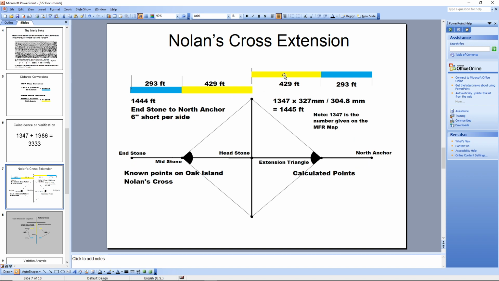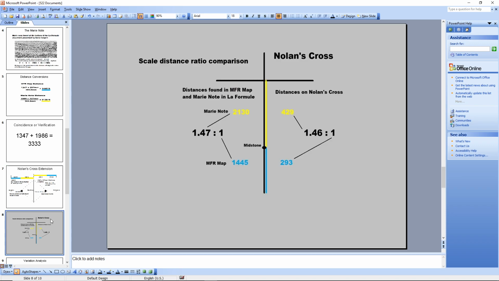And the yellow distances, the 2130 distance, will emanate from the extension triangle. The midstone, you can try it, but it's a void discovery. There's nothing to be discovered. But the extension triangle, this distance here, so the yellow corresponds to the yellow and the blue corresponds to the blue. Just an observation, maybe a clue.